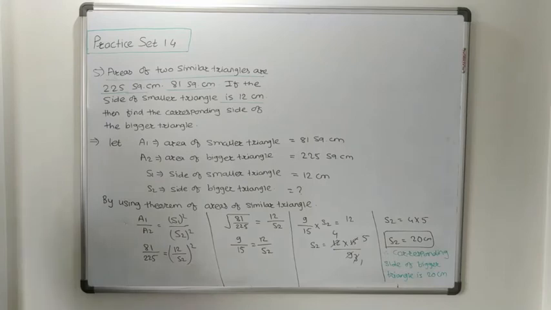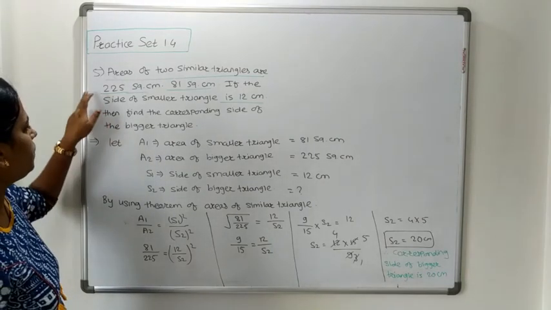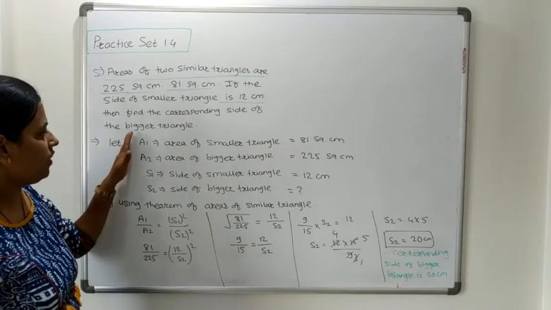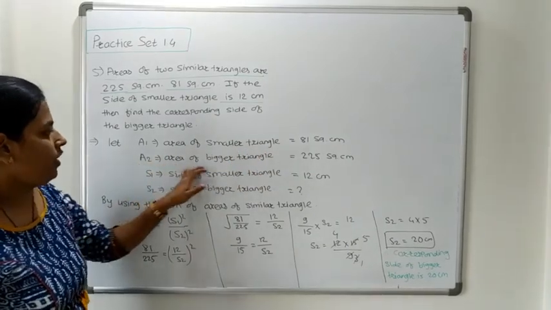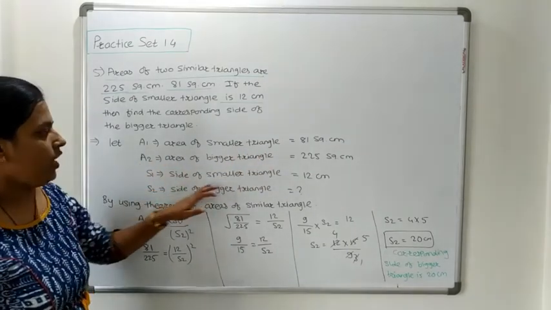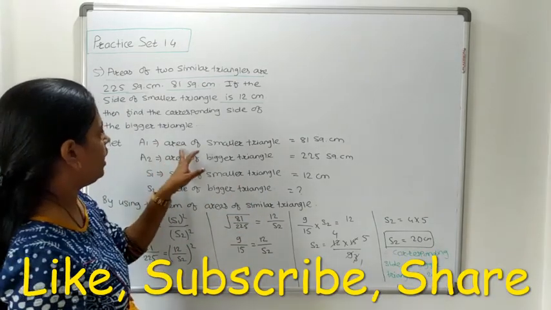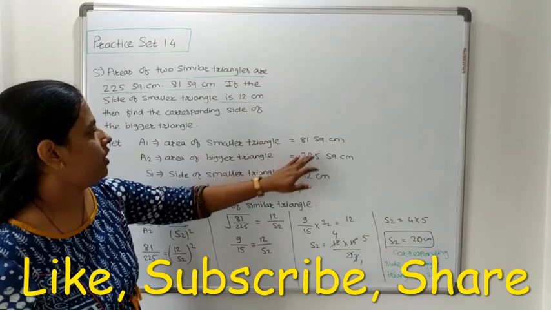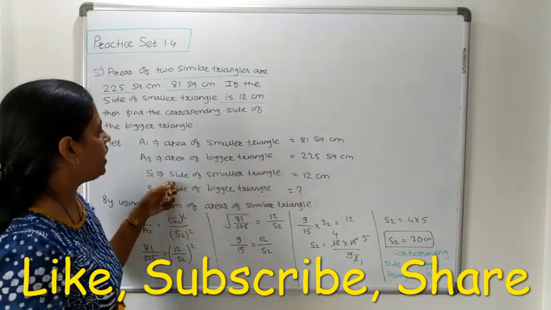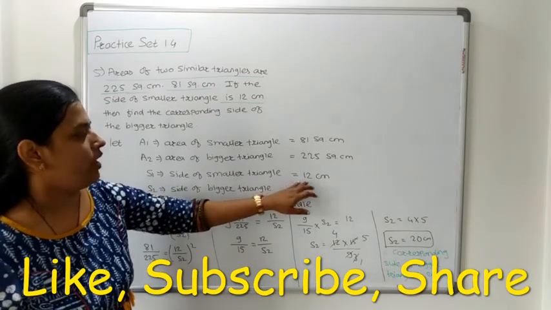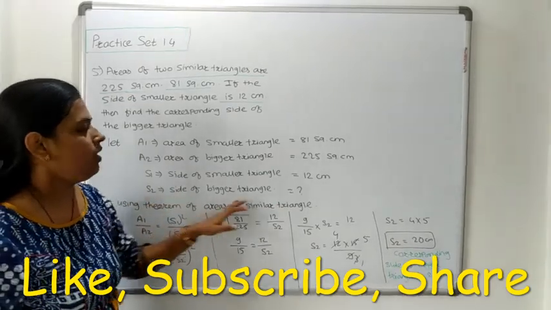So this is your solution of question number 5. First of all, we assume some variables: A1 for the area of the smaller triangle, A2 for the area of the bigger triangle, S1 the side of the smaller triangle and S2 the side of the bigger triangle. The areas given are 81 and 225, and the side of the smaller triangle is 12 centimeter, and we have to find S2, the side of the bigger triangle.